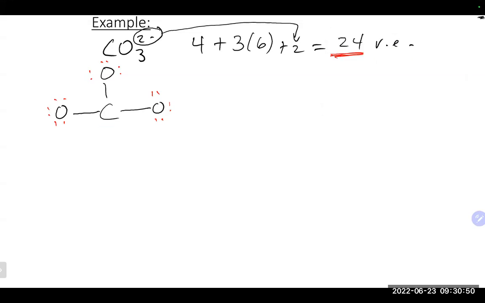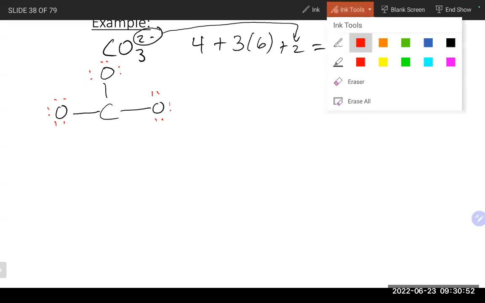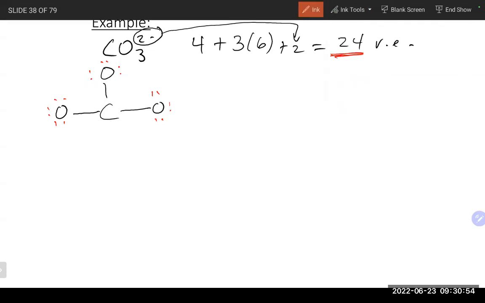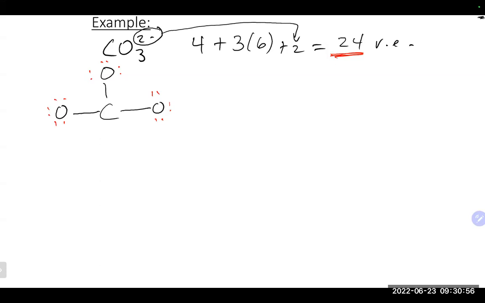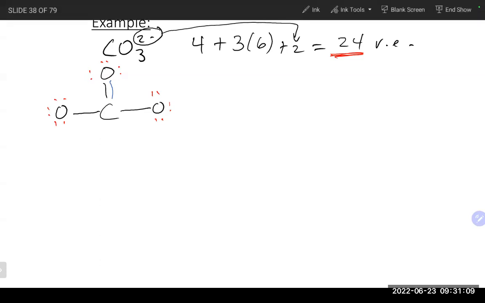So what we need to do in this case is basically try to fix it by making a double bond. So we can make a double bond really on any of the oxygens. Can I just lay up the double bond in this case? The answer is no, for the same reason. We're at 26 and the oxygen now up on top has too many electrons.